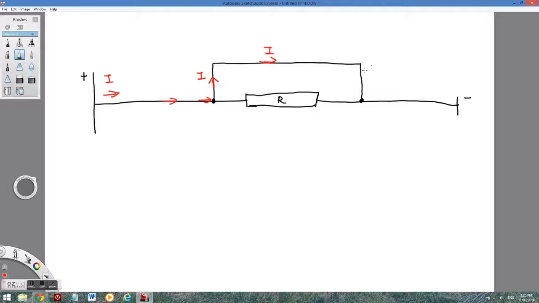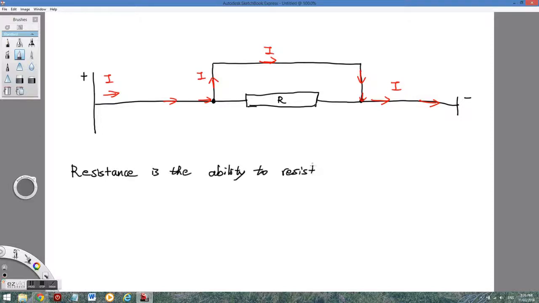This is because resistance is the ability to resist the current. On the top wire above the resistance, the resistance is zero.